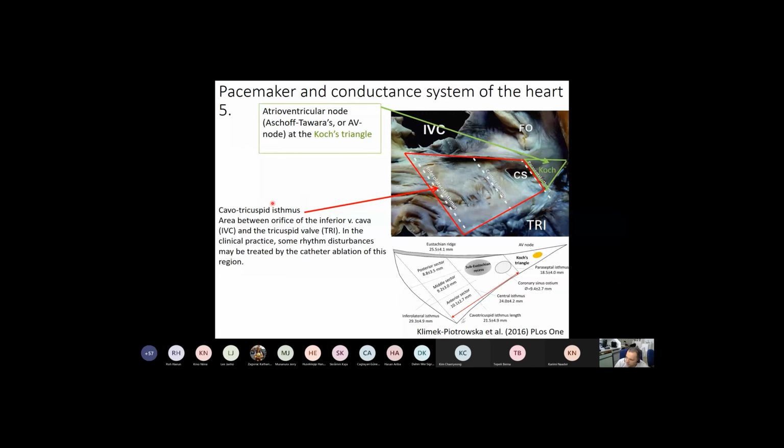Here is the place where, we don't know why, sometimes the cardiac muscle tissue has some malformations or problems which lead to rhythm problems, and the cardiologists or heart surgeons may do catheter ablation here, which means that they burn away these abnormal muscle tissues in order to reduce the problems with the patient's rhythm or heart rate. You will learn about this in your later studies. It's in the cavo-tricuspid isthmus next to the Koch's triangle.